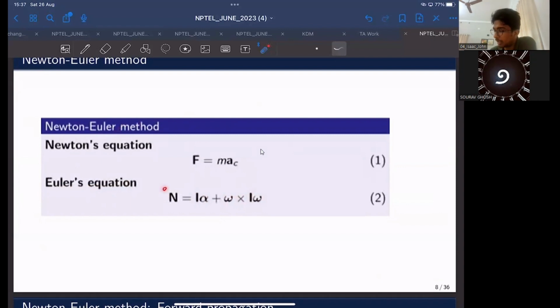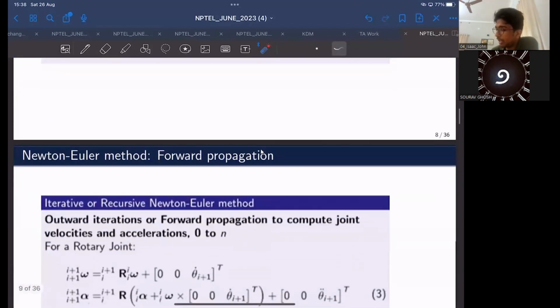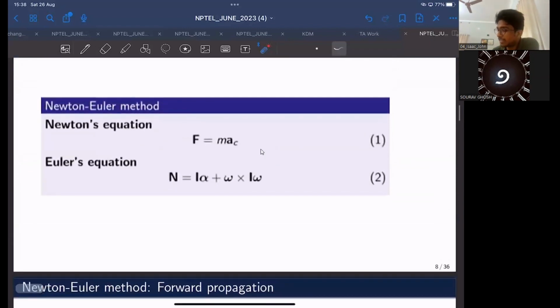The derivation of this Euler equation you probably won't find in robotics textbooks. If you want a more convincing derivation, you will have to refer to rigid body dynamics textbooks. So this is the essence of the Newton-Euler equations of motion, right? And how to formulate our recursive relations so that we finally assemble the equations of motion.